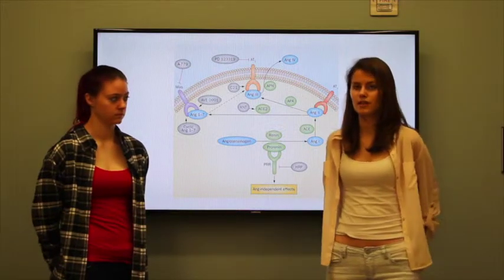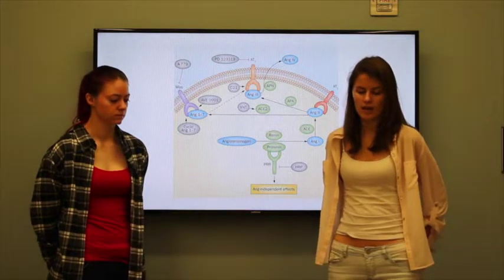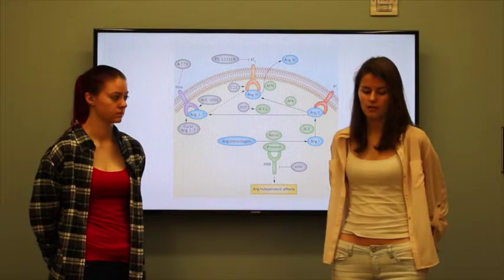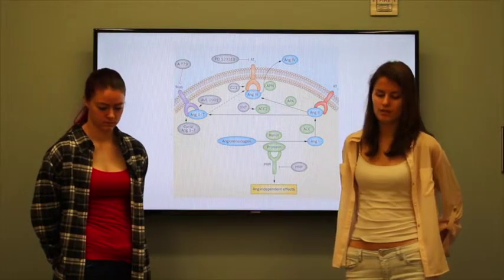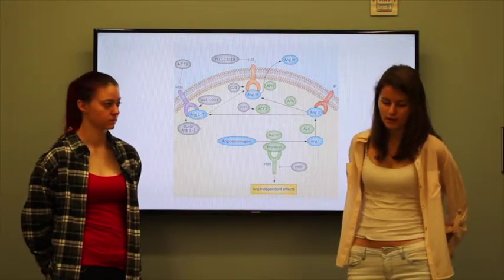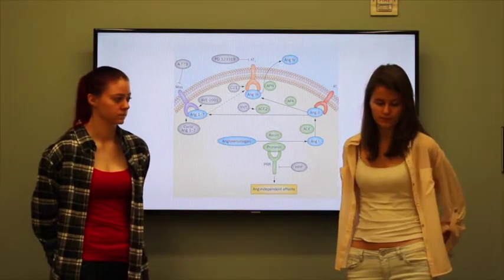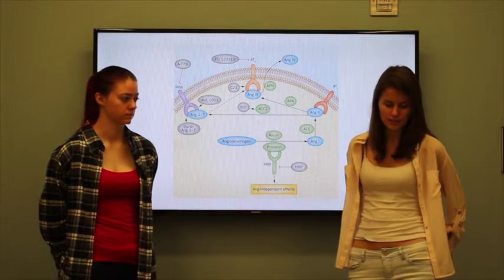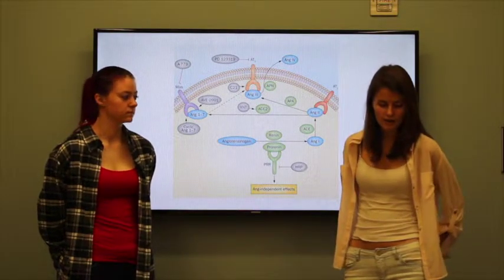Primary components of the renin-angiotensin system are angiotensin, renin, and the angiotensin converting enzyme, angiotensin 2, and angiotensin 2 receptor.